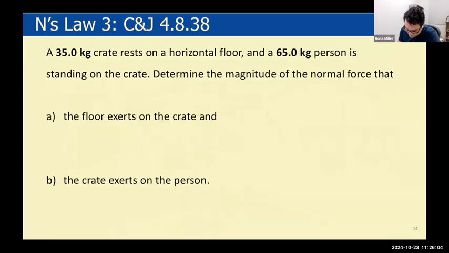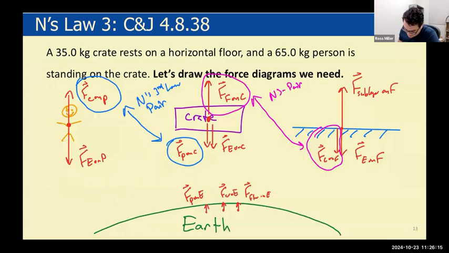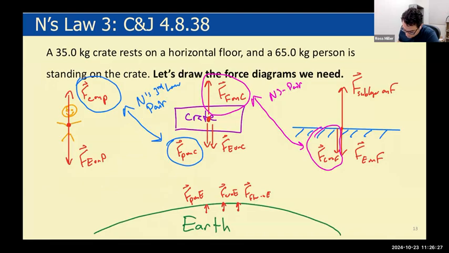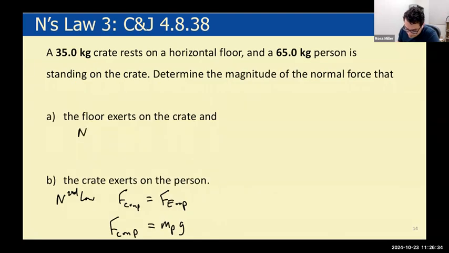So from the second law, we know that the crate on person has to be the force of the earth on the person. That's M person G. Floor exerts on the crate from Newton's second law.